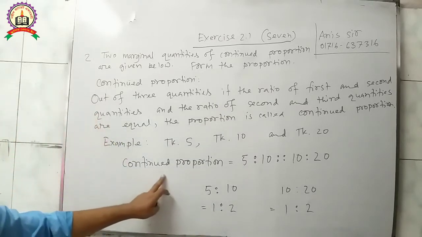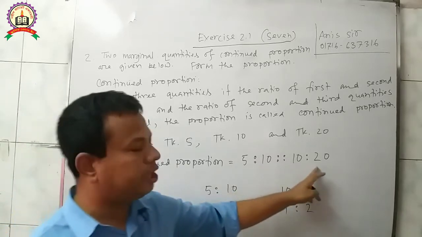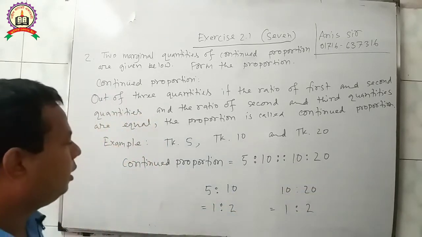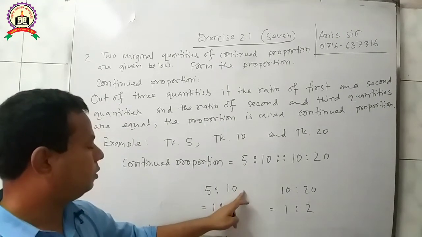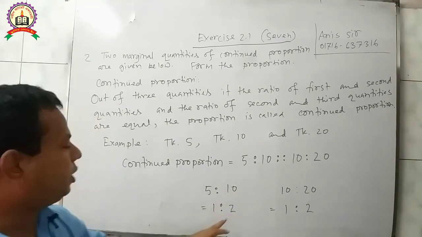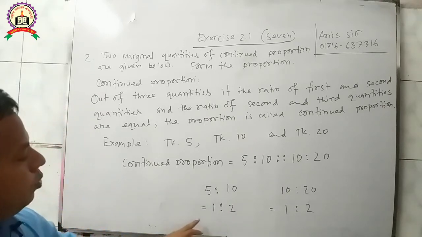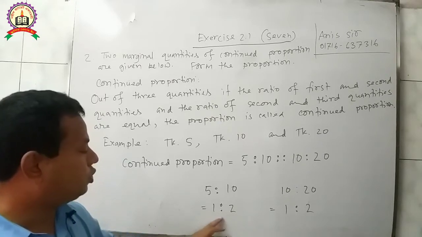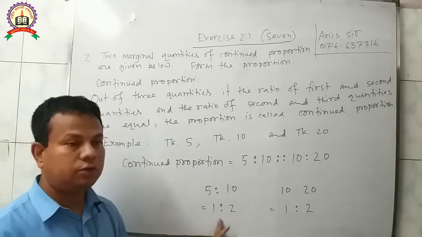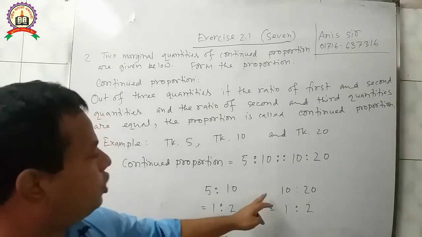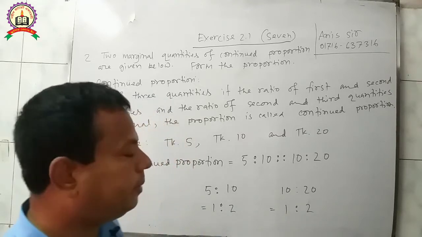So it is a continued proportion if the first ratio and second ratio are equal. Here, the first ratio 5:10, if we minimize it, we get 1:2, dividing by 5. And the second ratio 10:20, we get 1:2, dividing by 10.